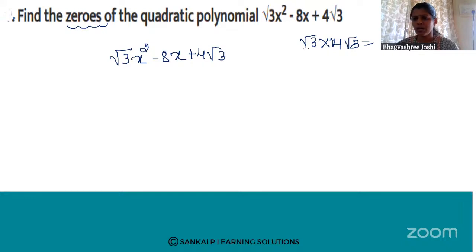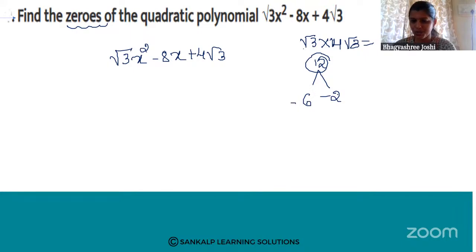Now the product should be 12, and for the middle term we should get minus 8. So we have to choose two such numbers. 6 twos are 12, right?